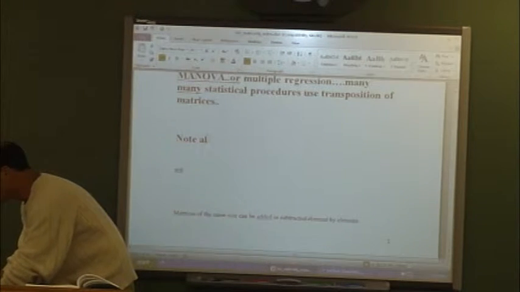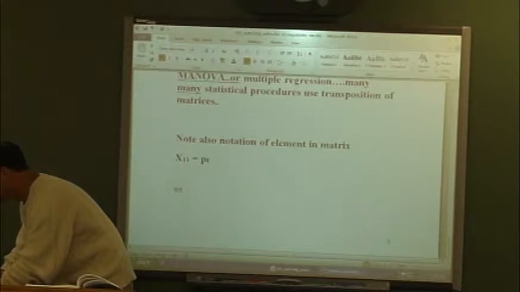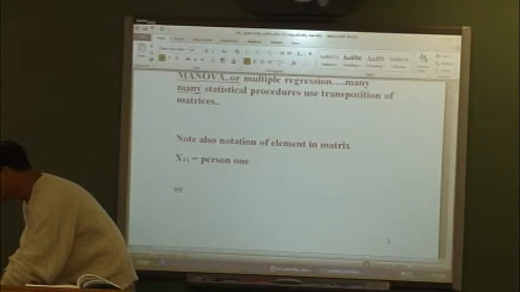Note also the notation of elements in a matrix. x 1, 1 equals person 1 in row 1, column 1, right?